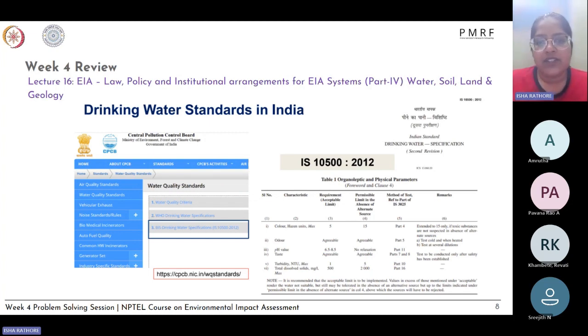So this standard gives you the different characteristics, which is the color, the odor, pH value, taste, and total dissolved solids, all of these different characteristics of water and their requirement or acceptable limit for it to qualify as drinking water. And yeah, different requirements and different testing methods are mentioned in the standard. So we have different standards which are used for water quality assurance, basically.